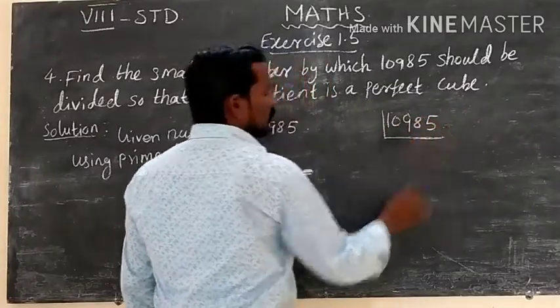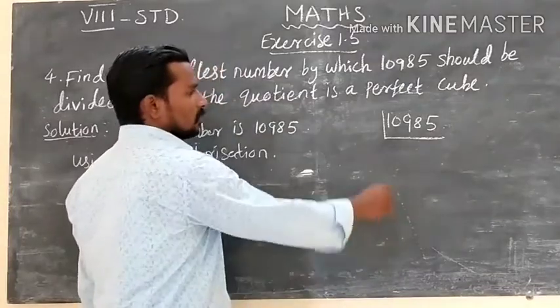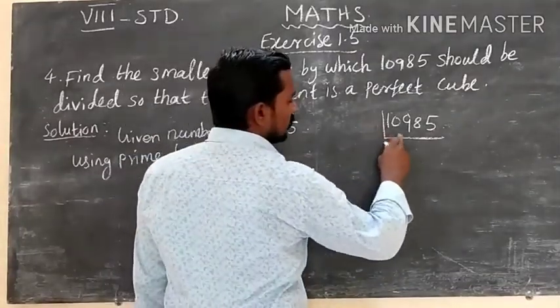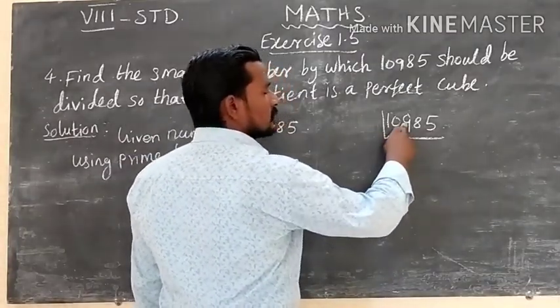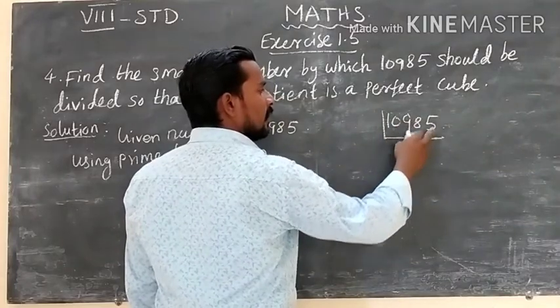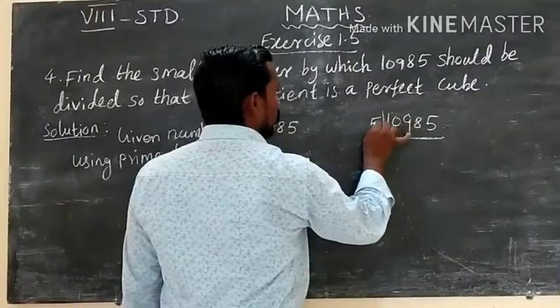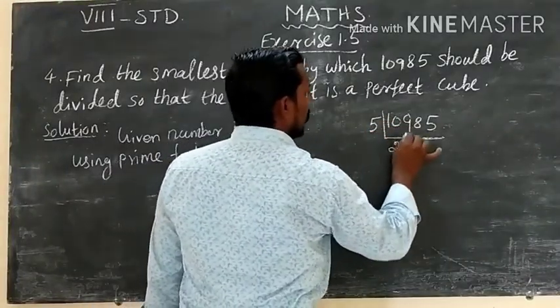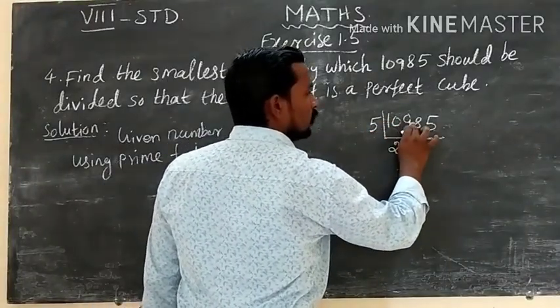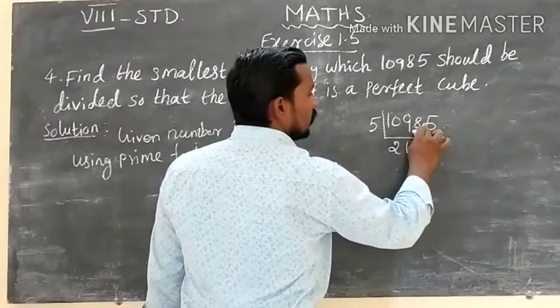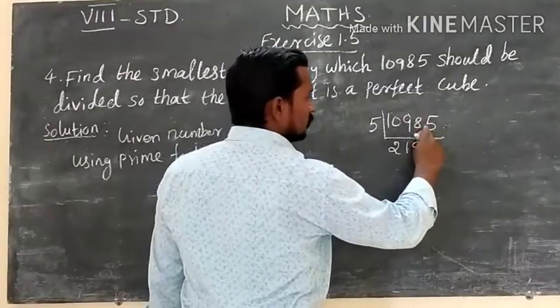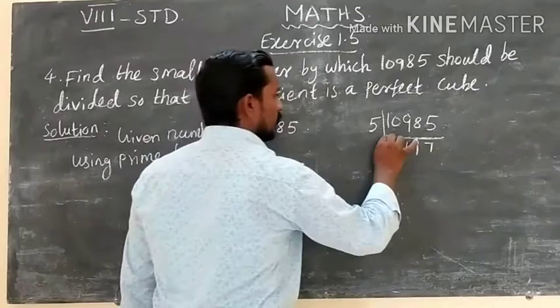This is an odd number, so it is not divisible by 2. Then 3: 3 threes are 9 and 1, 6 threes are 18, carry 1, 6 threes are 18, so it does not divide exactly by 3. Then 5: 2 fives are 10, 1 five is 5, carry 4, 9 fives are 45, carry 3, 35, 7 fives are 35.